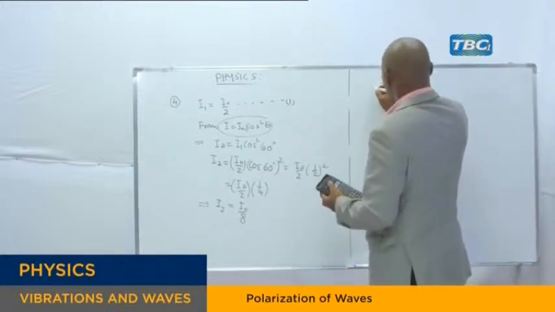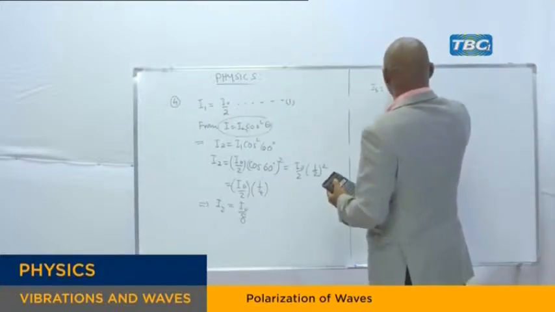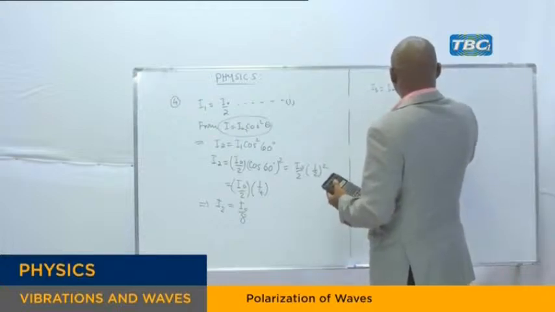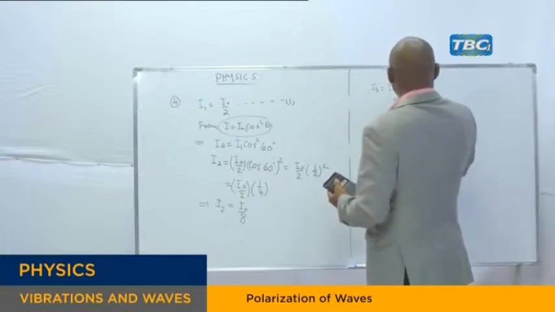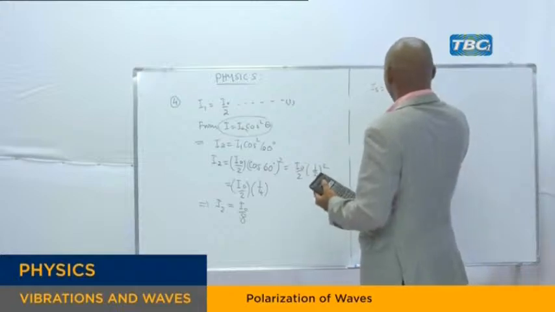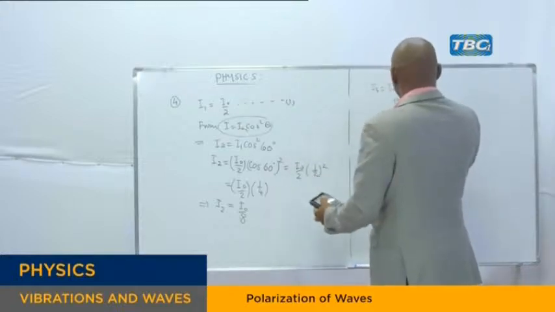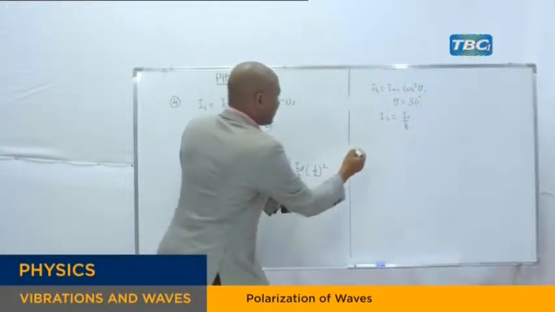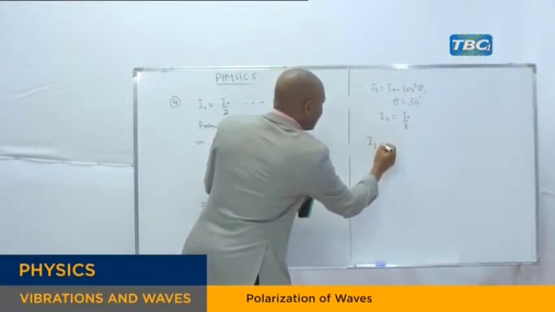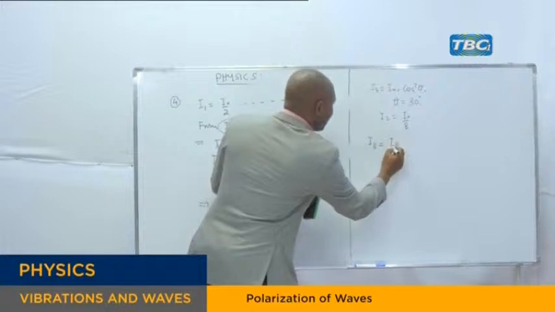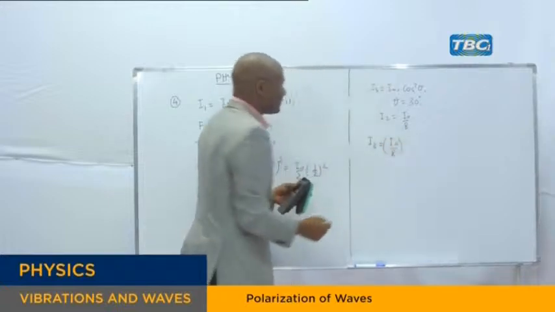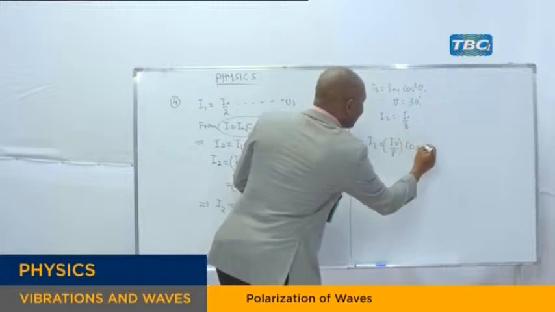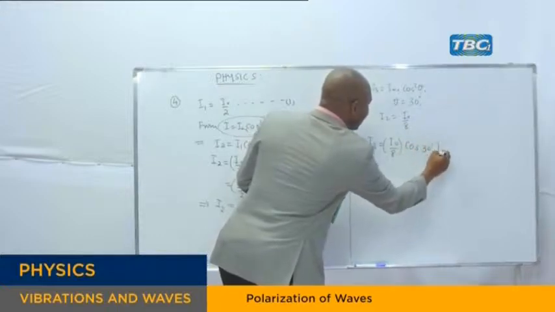I3 equals the maximum times cos squared theta. You know this angle here is given as 30 degrees, and our I2 is I0 over 8. So I3 equals I0 over 8 multiplied by the cosine of the angle in between, cos of 30 degrees, and then you square that.